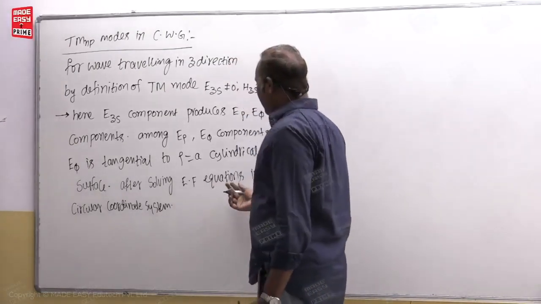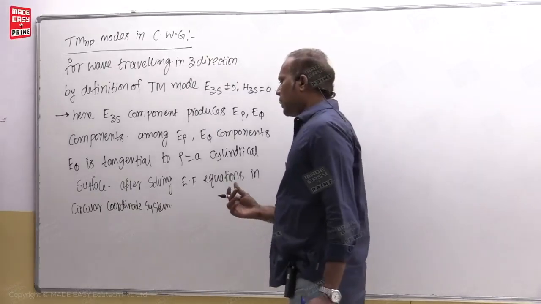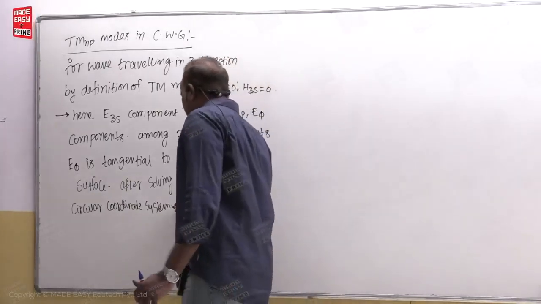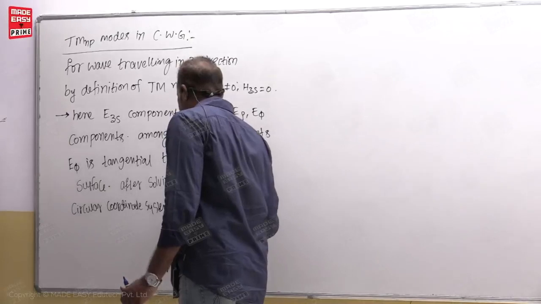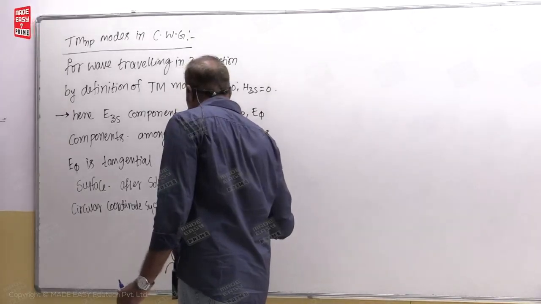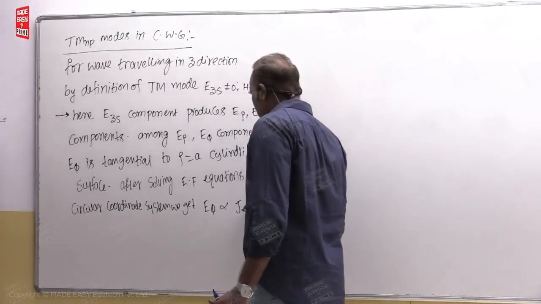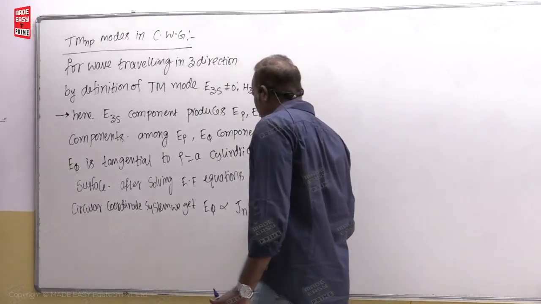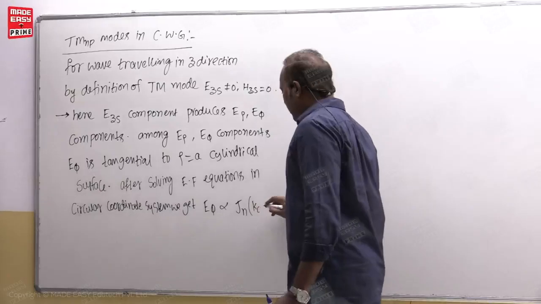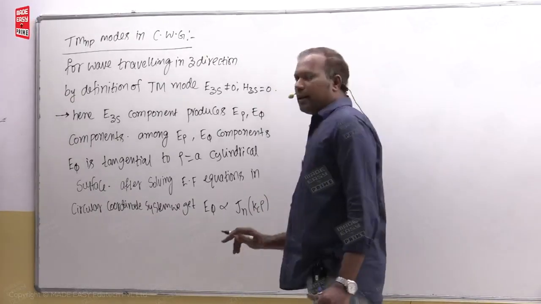So after solving electric field equations in circular coordinate system, we get e phi is proportional to Jn of Kc into rho, where Kc is cutoff wave number and rho is the variable.